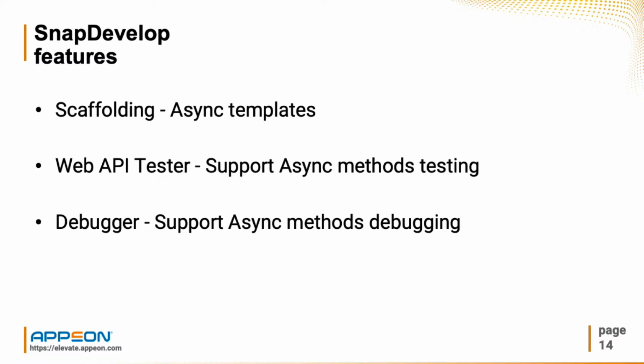Now we can also debug asynchronous methods in SnapDevelop. Now there are two ways to actually do that. You can do that directly from within the IDE, or as I said before, you can debug your test with the Web API Tester tool, which is also a nice thing because you can be running your tests and debugging, so that way you can set up your parameters, your values, anything that you might need to actually get it running.